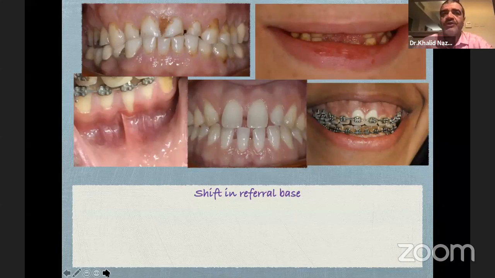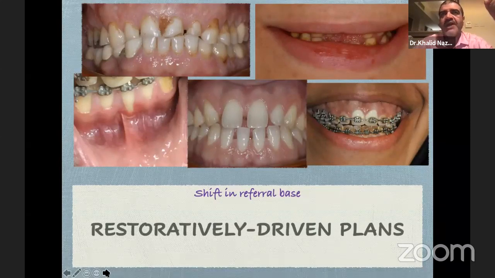We have been seeing more and more adults in their 40s and 50s who are not only inquisitive, but also interested in obtaining ideal smiles with a healthy outcome. So again, this shift in referral base has reignited the importance of orthodontics in the restoratively driven treatment plans.